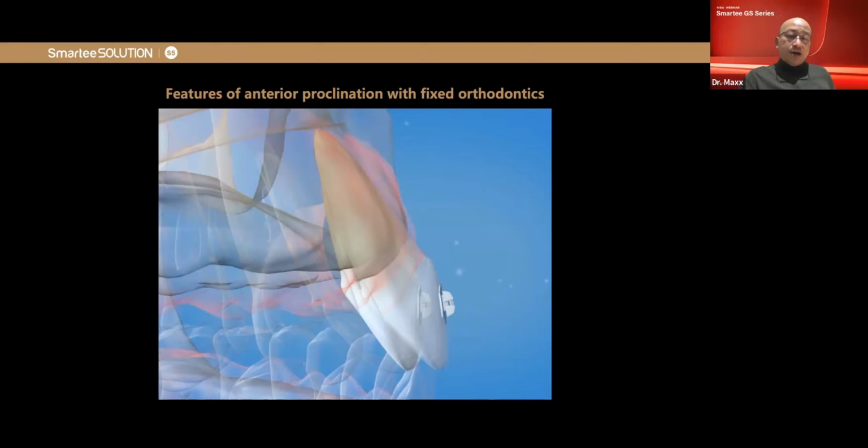When we proclined the upper anterior teeth, we not only do proclination, but also extrusion. Also extrusion. Because of the wide embrasures.